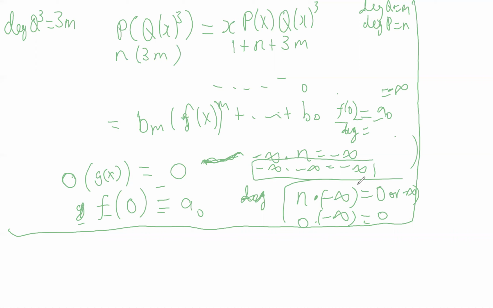Okay, so the other way might be more explicit and gives you more of an idea that polynomials have to be small. But look, you have 3nm has to equal 1 plus n plus 3m. So this is already, it's hard for this to happen, right?